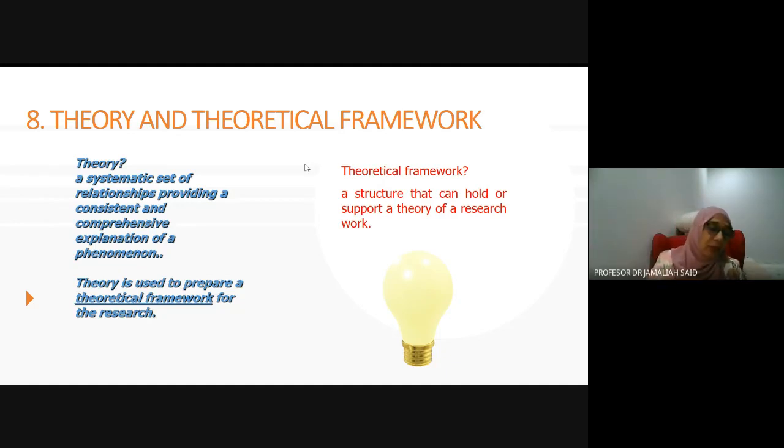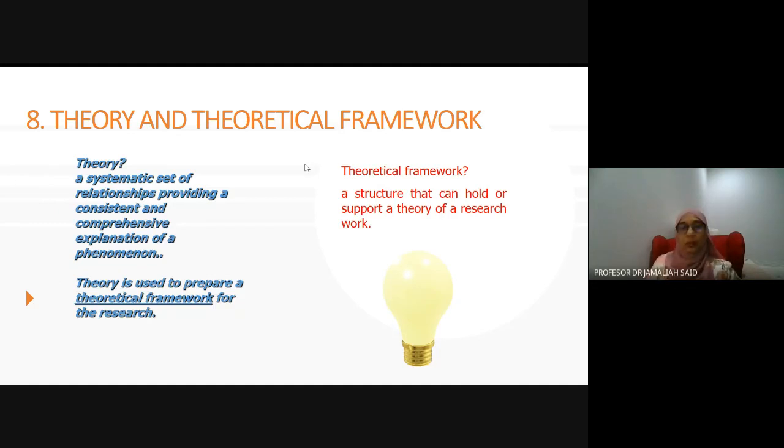But I saw a lot of theses that passed, I mean, they got the PhD without having theory in them. So having theory in your thesis is good, but not having theory does not mean you will not be able to get your PhD.